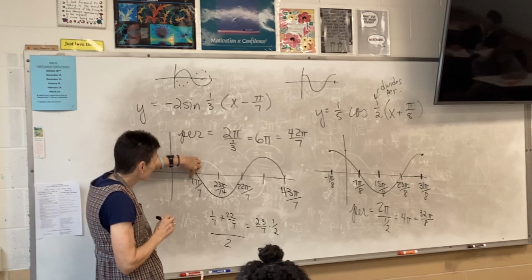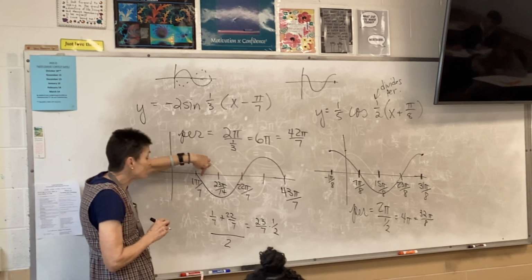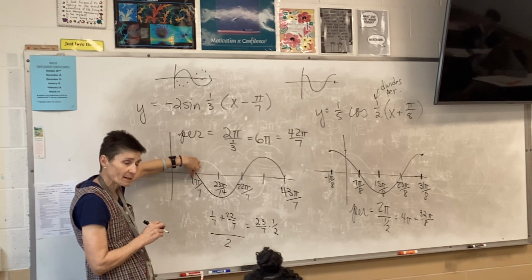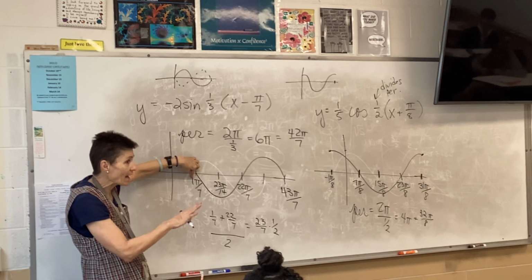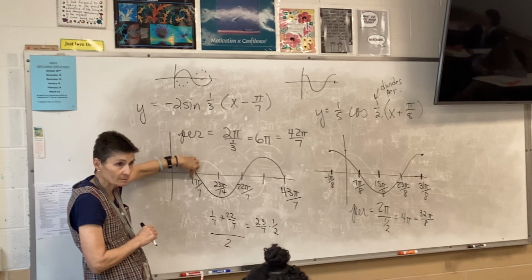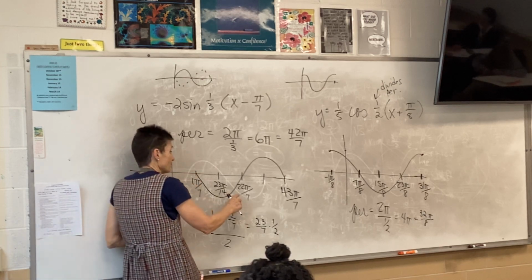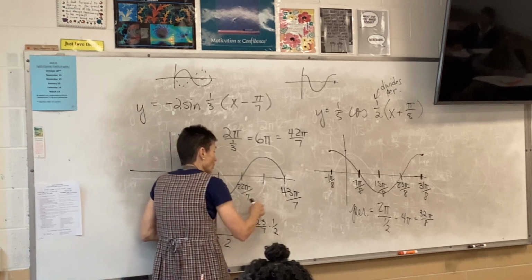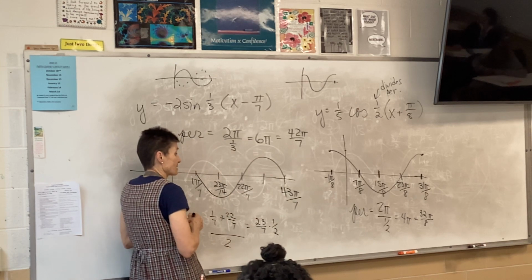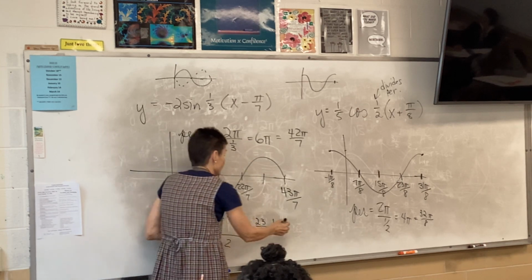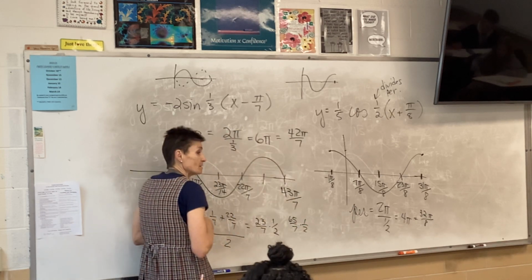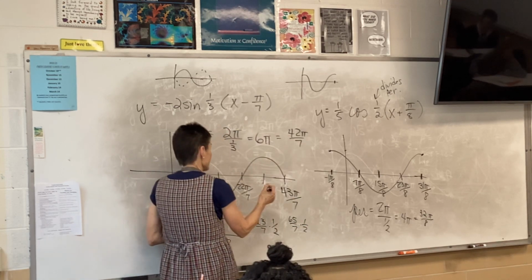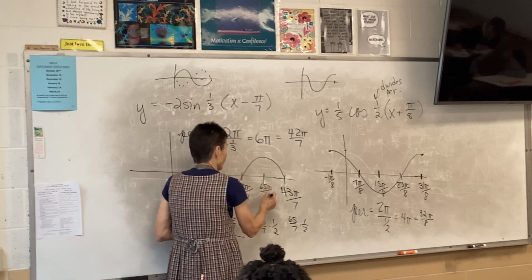So we're averaging. So we add and divide by 2. When fractions are involved, we add and times by 1/2. Same thing here. 22 and 43 makes 65. And half of that is 65/14.